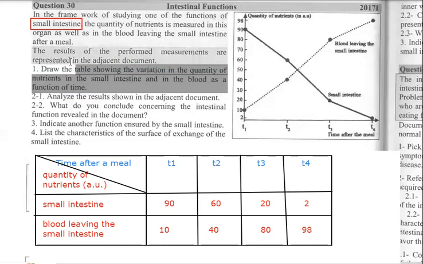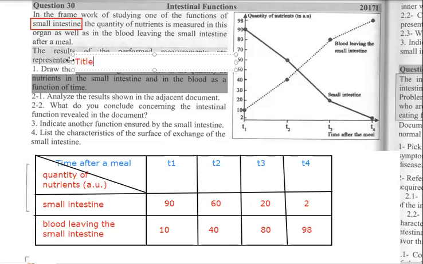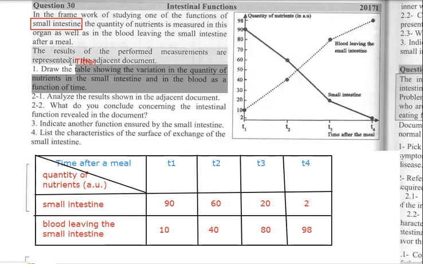We write the title under the table. So here is the title: a table showing the variation in the quantity of nutrients in the small intestine and in the blood leaving the small intestine as a function of time. Okay?